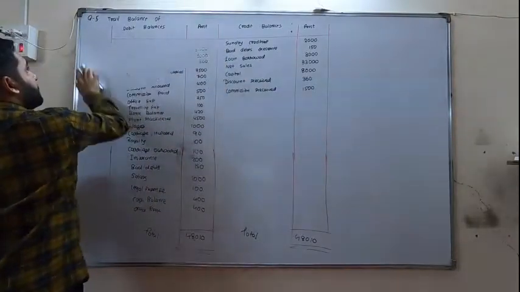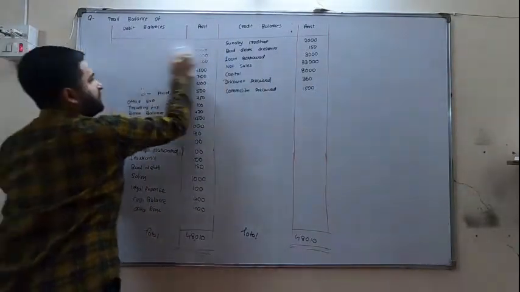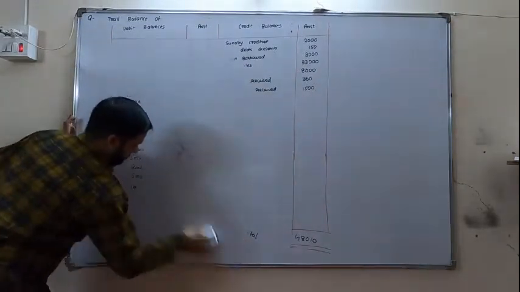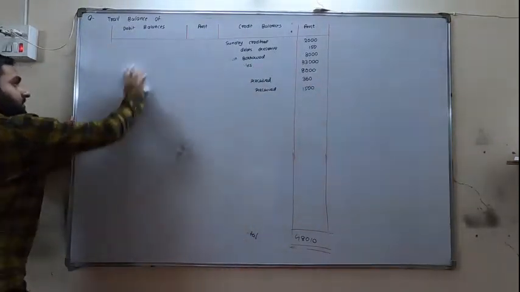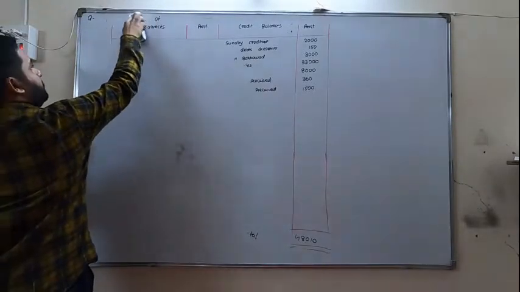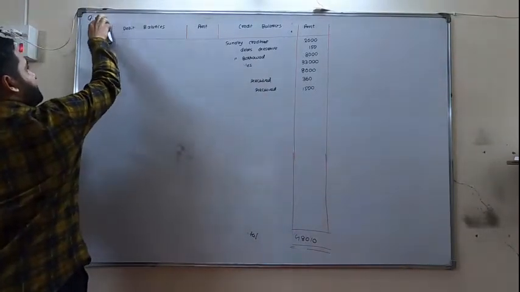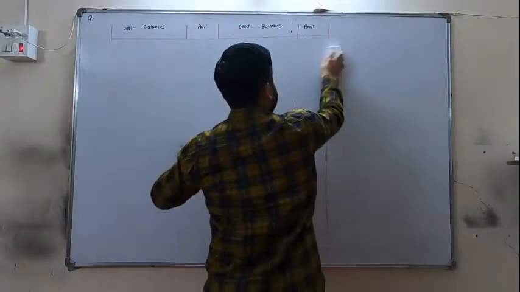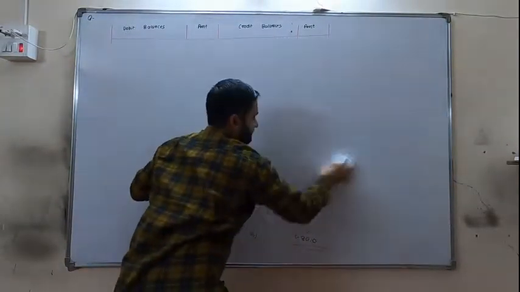Okay, so now we are going for sum number 6. The heading will be changed slightly, but what we have to think is that we are preparing the trial balance normally.